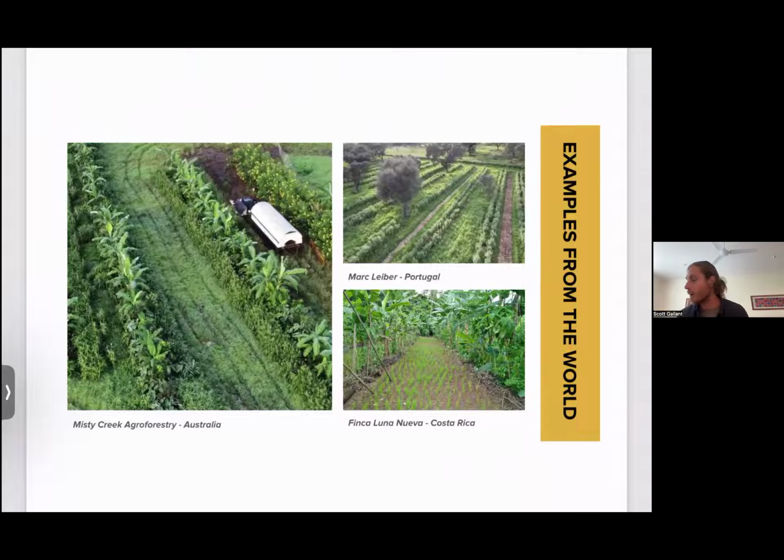A practitioner I really follow and love his work, Mark Lieber in Portugal, is one of the leaders there. There are so many courses, little projects, and bigger projects happening in Mediterranean climates, in Southern Europe in particular. We also see another hotspot in Australia and New Zealand. A project that I follow and draw a lot of inspiration from is Misty Creek Agroforestry.